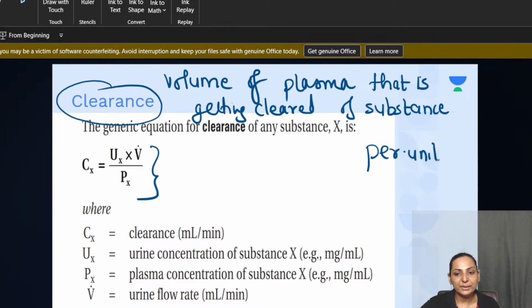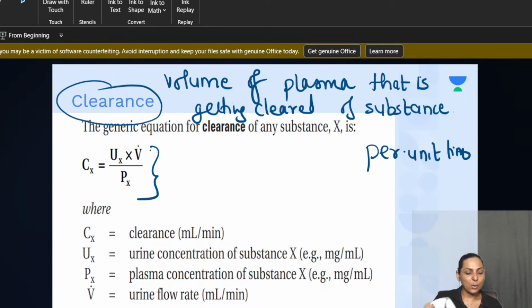This clearance is given as U, the urinary concentration of the substance, divided by P, the plasma concentration of the substance, into V, the urine flow rate.